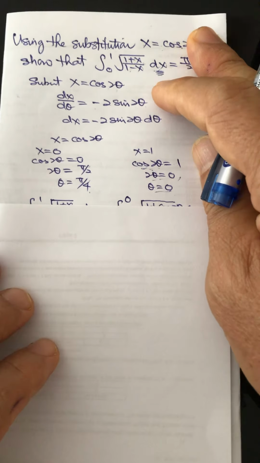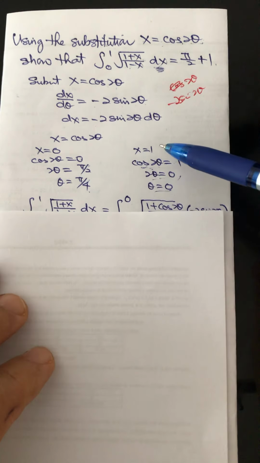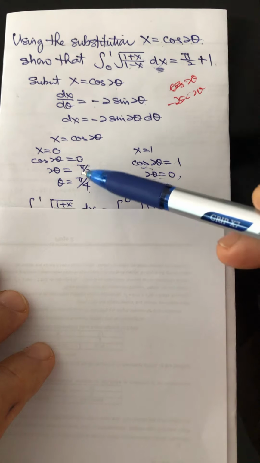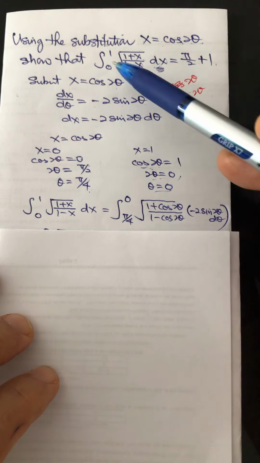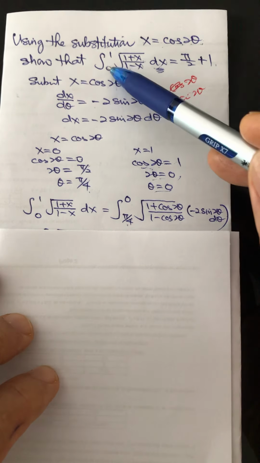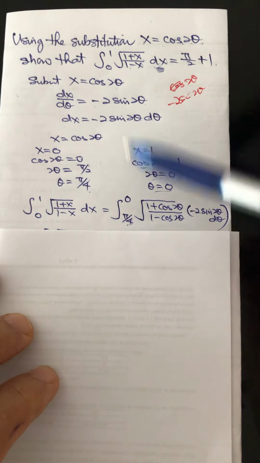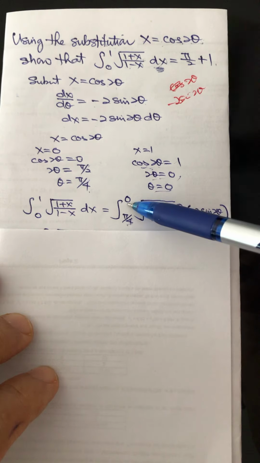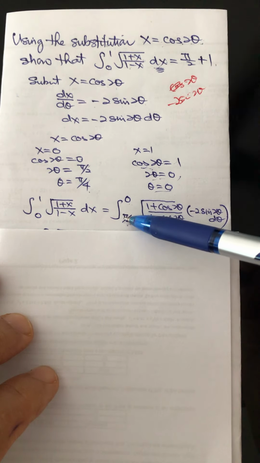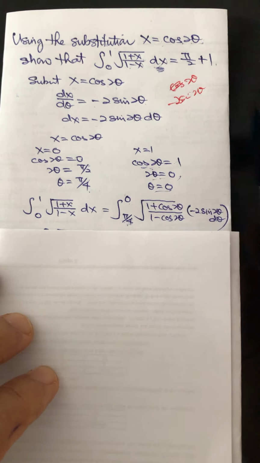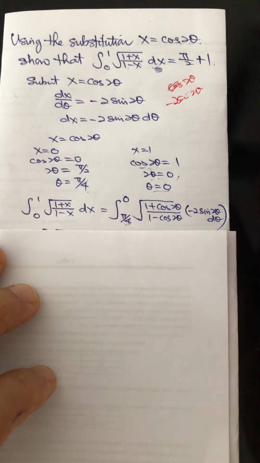So I just substitute here, you see, when x equal to 0, theta is pi upon 4, pi upon 4 at the bottom. You must follow, x equal to 0, theta is pi upon 4. x equal to 1, theta is 0. I didn't say this is smaller, this is bigger. No, remember that.